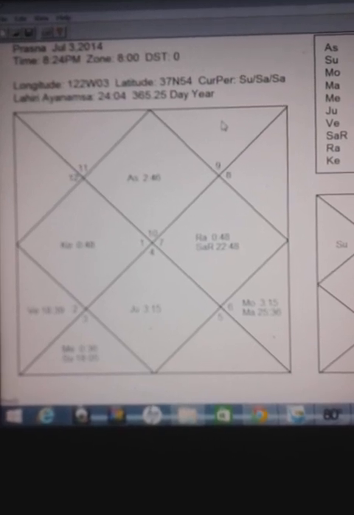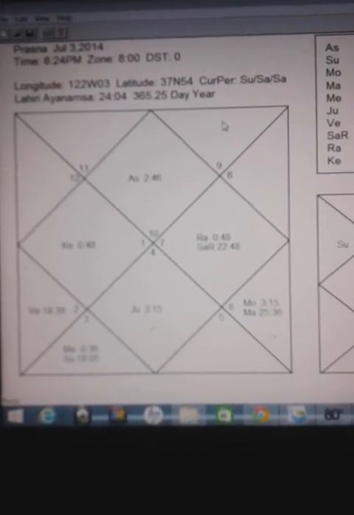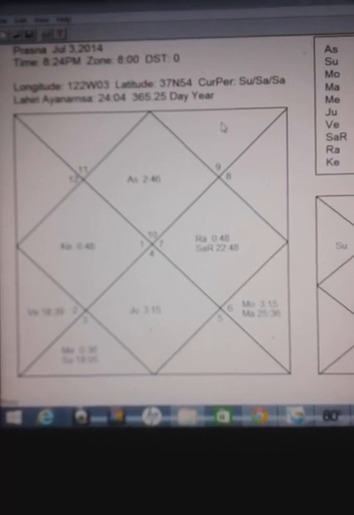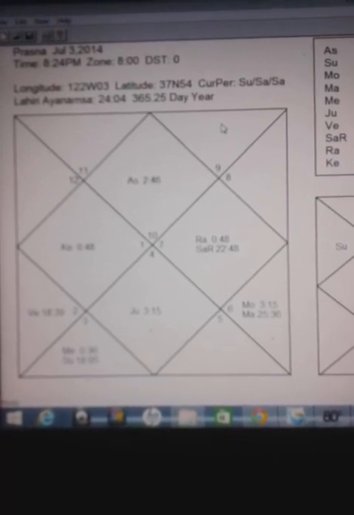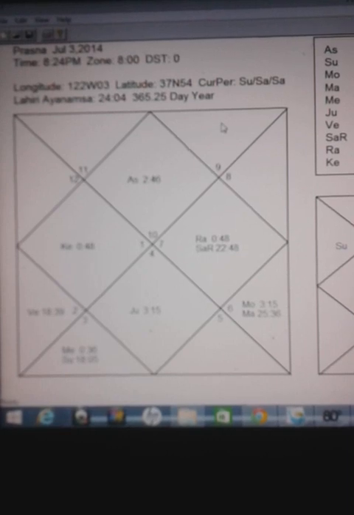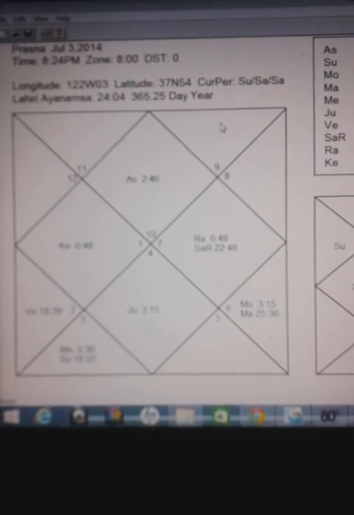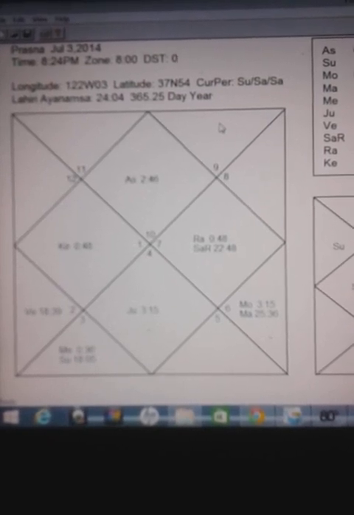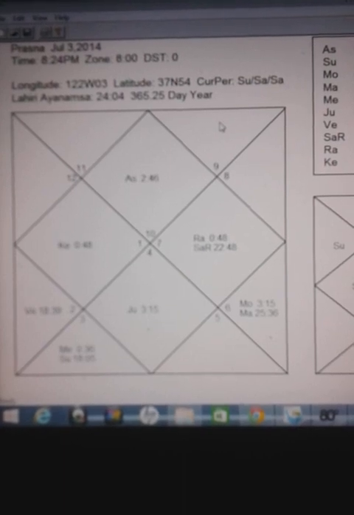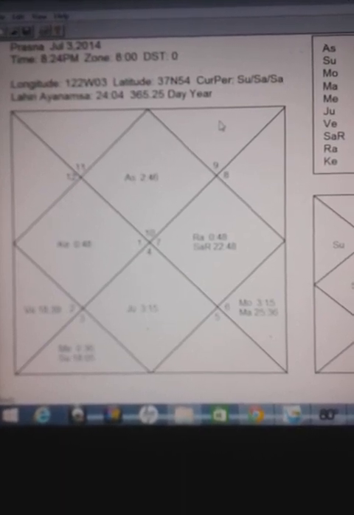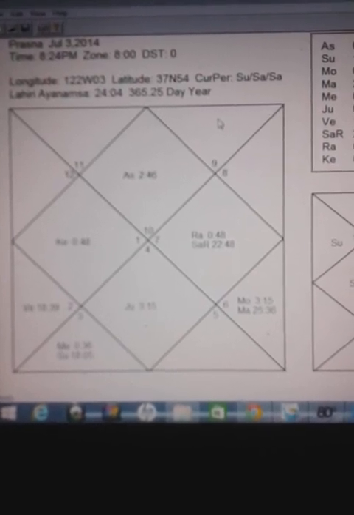Once again, this Vedic chart is prepared based on the place, the time, and the date of birth, because at that exact moment, that exact date, and that exact place, these planets will be sitting in their respective zodiac signs, which are these 12 zodiac signs.